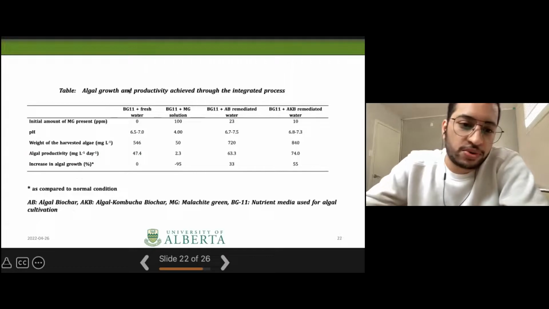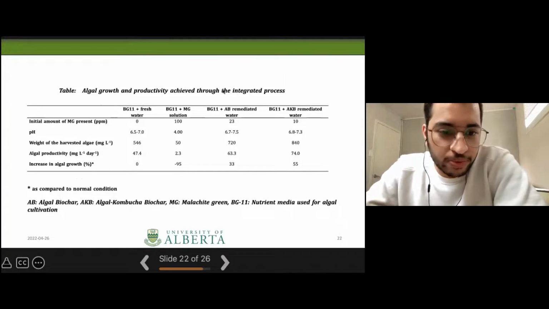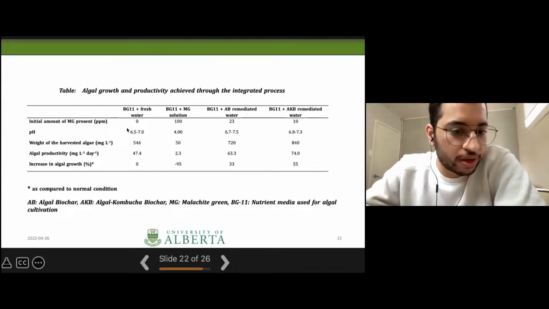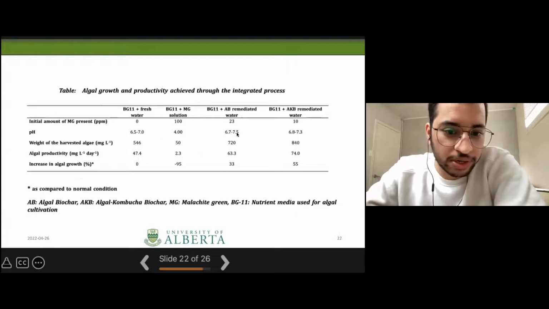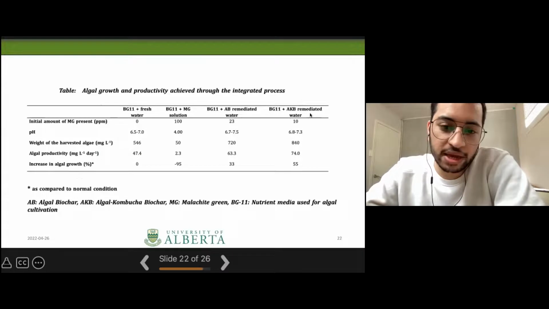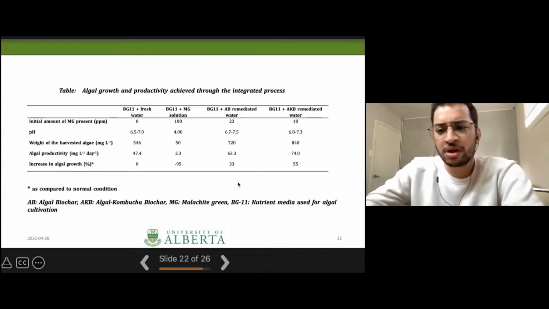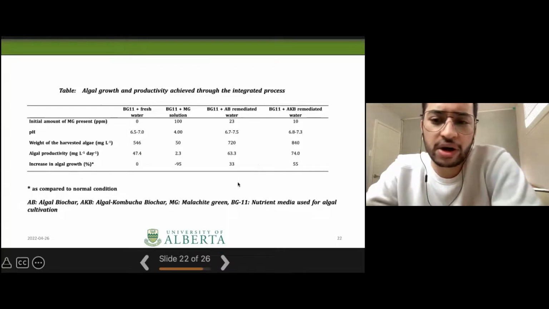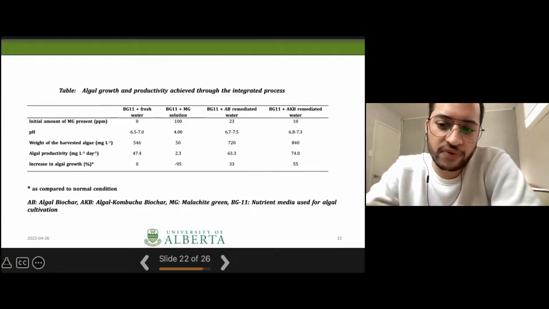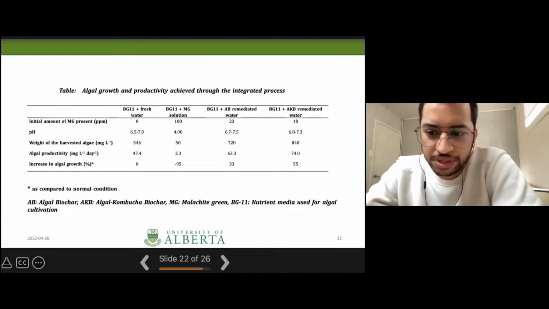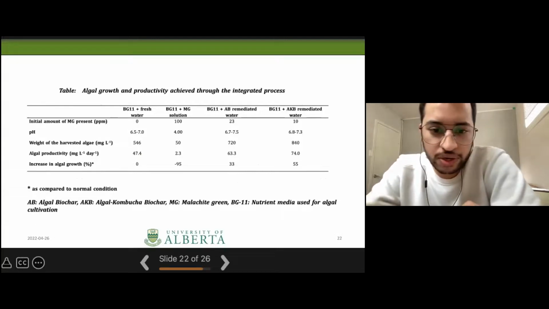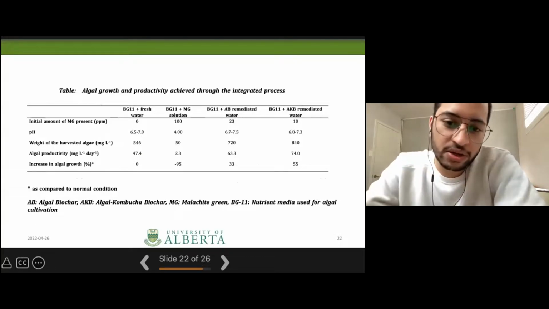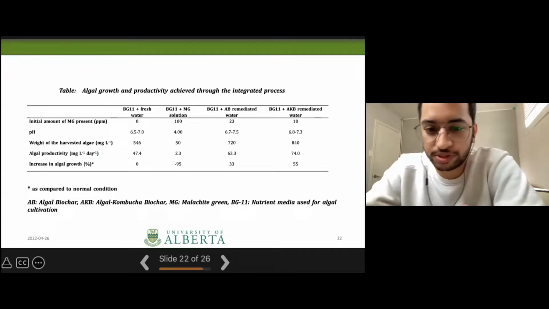So we also studied the algal growth and productivity. We observed the algal productivity is highest when we are using AKB remediated water. The reason could be twofold. Algae require a pH of 6.5 to 7.5 for growth, and as our biochars are generally slightly alkaline in nature, they could provide this pH range for algal growth.